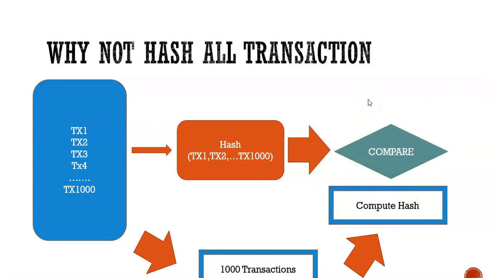If both are the same, then we can say that a particular transaction was part of a block. But do you think it is really possible to download all the 1000 transactions on a node which is very, very light? If you are using a mobile to access the Bitcoin network, will it be possible to download all the 1000 transactions and compute the hash?